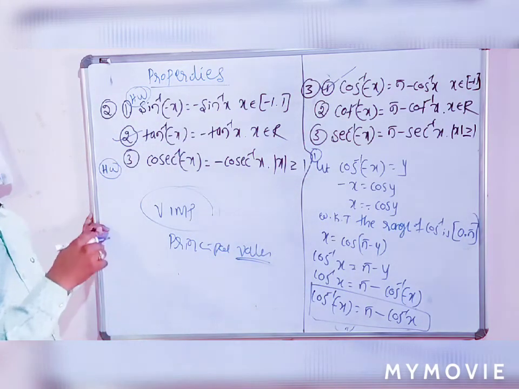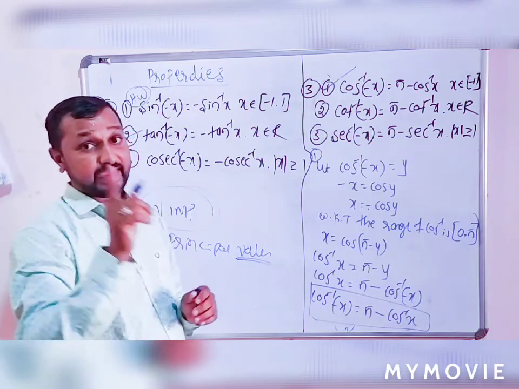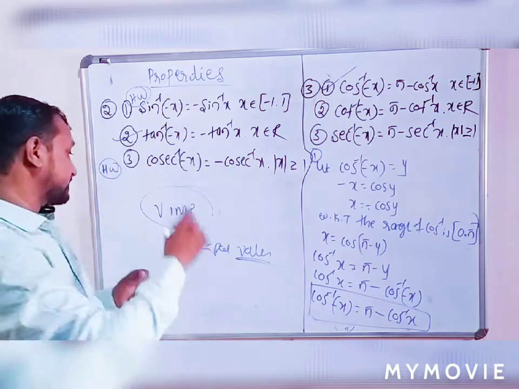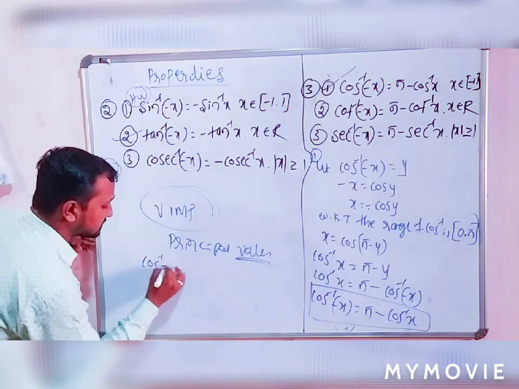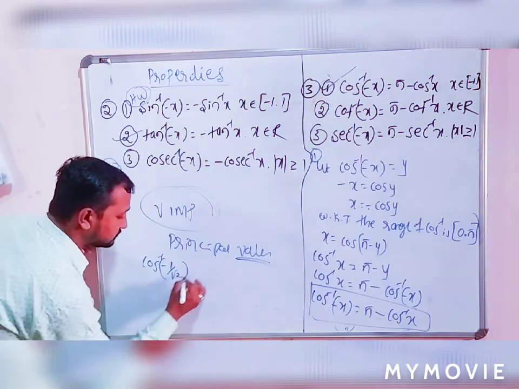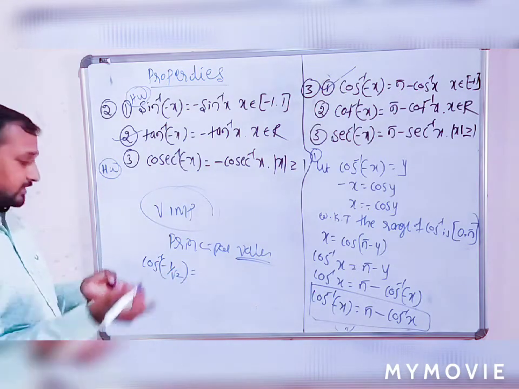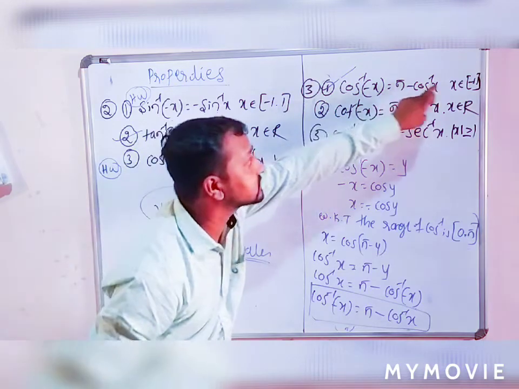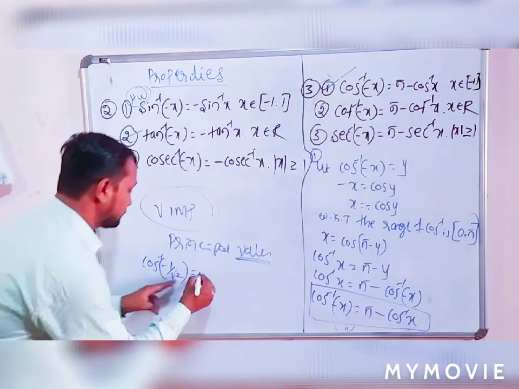Directly. So previously I can take one example: cos inverse of minus 1 by root 2. Okay. So directly by using this property, cos inverse of minus x is nothing but pi minus cos inverse of x. Same.